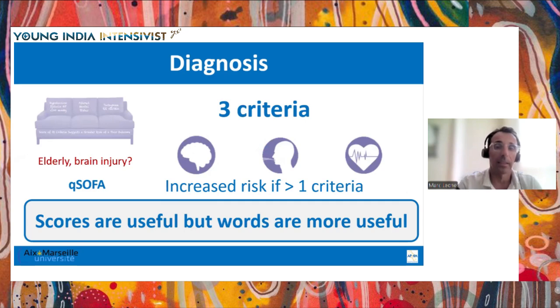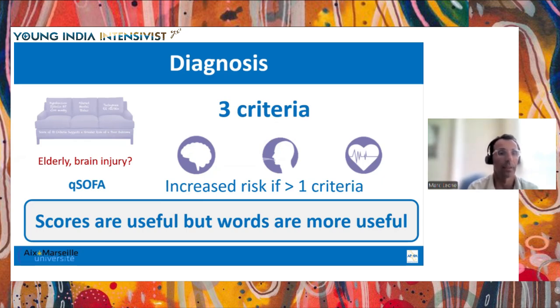A lot of experts try to construct a scoring system to diagnose sepsis, and there was the SIRS criteria, and later there's been the quick SOFA. I assume you all know the quick SOFA scoring system.